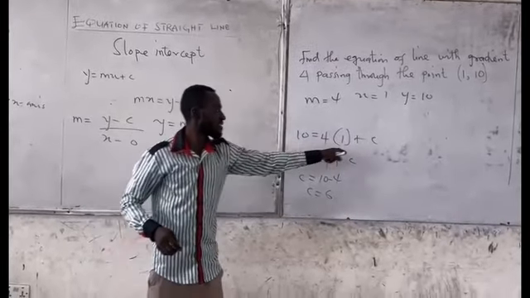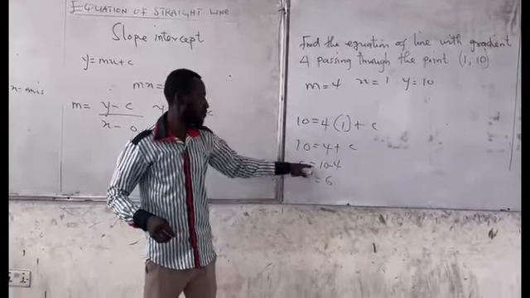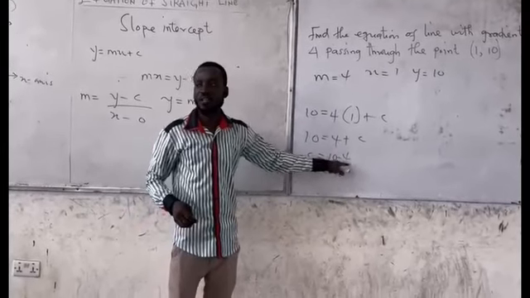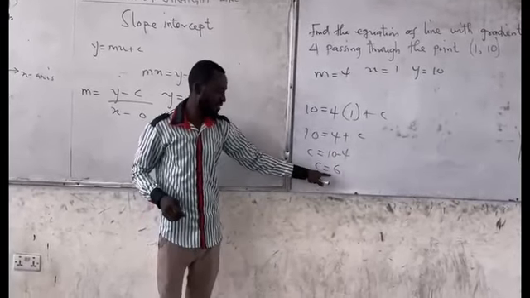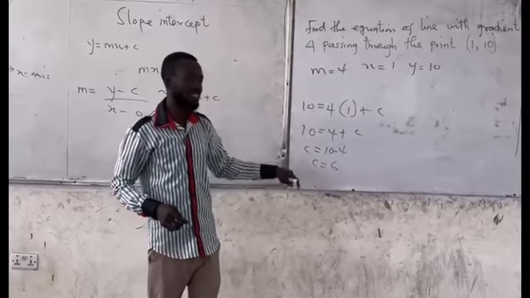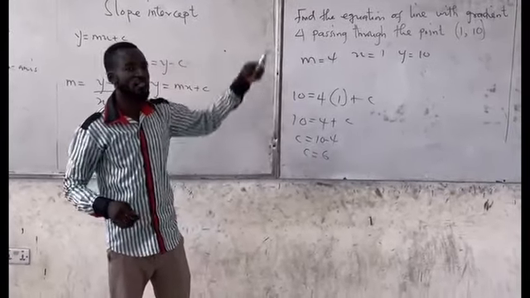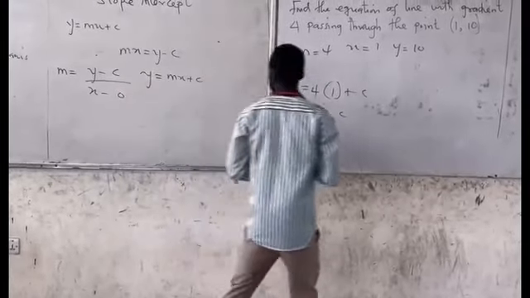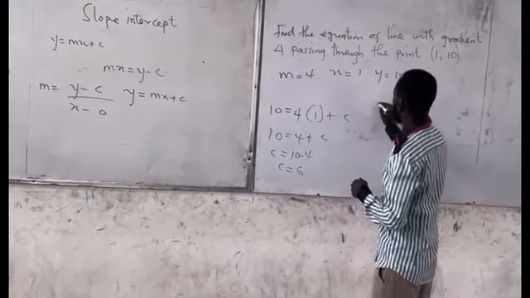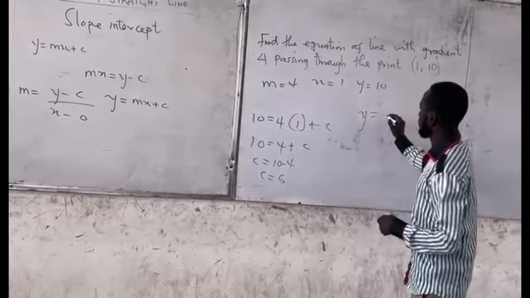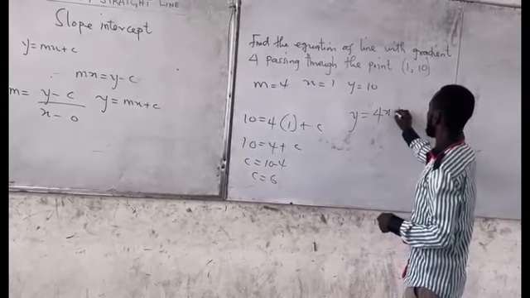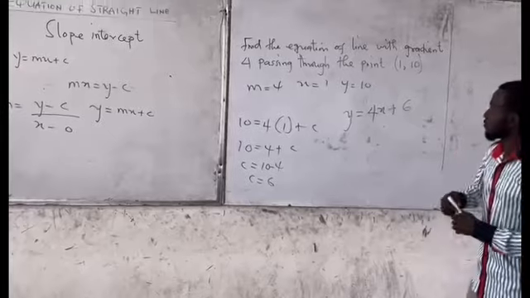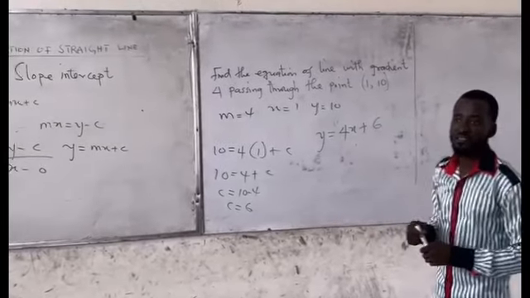When you make c the subject here, we have c is equal to 10 minus 4. And our final answer for c is what? It is 6. Then you substitute the value of c into the formula, and that gives us y is equal to 4x plus 6. So this will be our equation of the line.